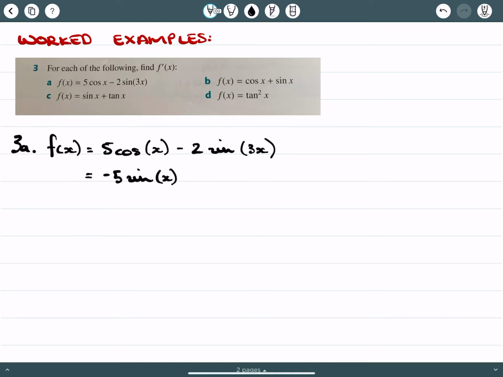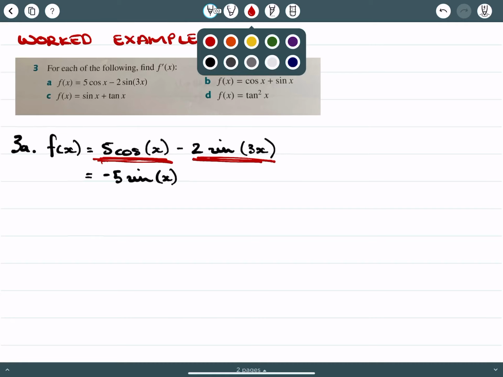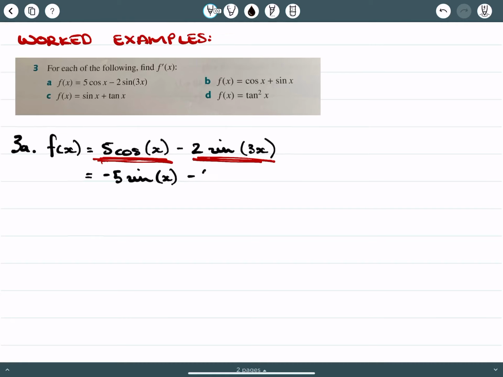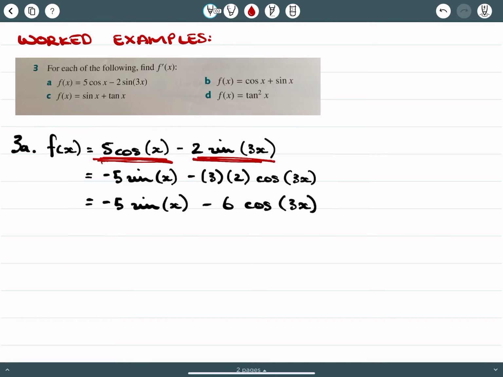That's the rule. I'm deriving this in parts. Now I'm going to derive the second part. I bring the coefficient 3 out the front, I have 2 cos, and the angle doesn't change. Then I can express this as negative 5 sin x minus 6 cos 3x. Do a quick check to see if I'm correct. I am, and we move forward.